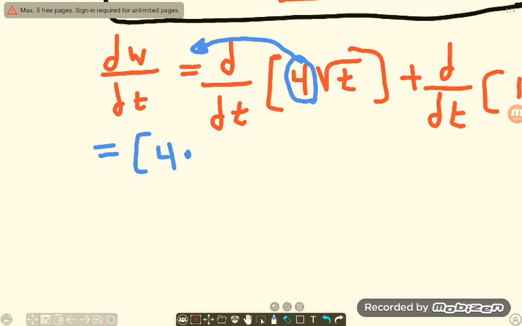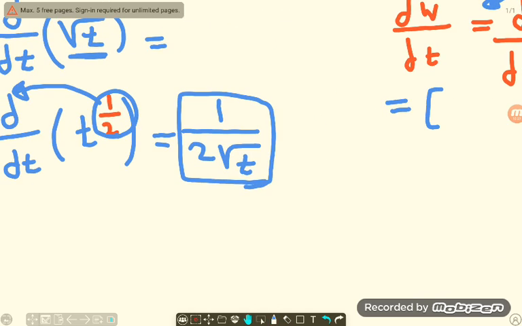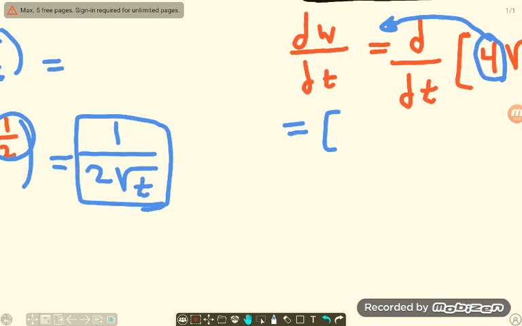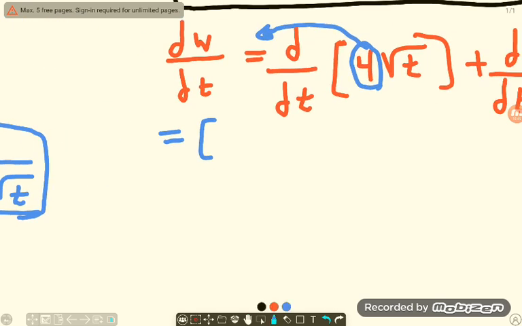So let's just erase this. If we multiply 4 by 1 over 2 root t, that would be nothing but 4 over 2 root t. Actually, we can simplify this as well. 4 over 2 is 2.